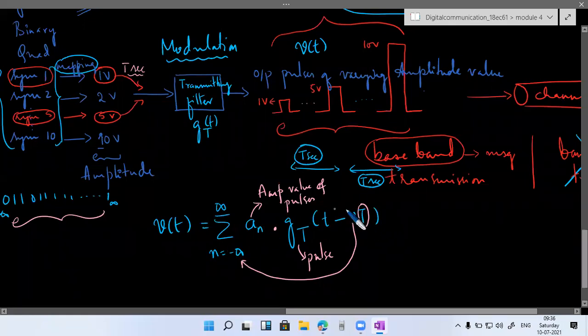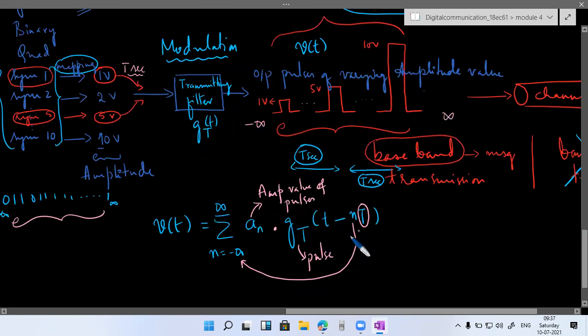Here, because we are trying to generalize, we have used a general equation where V of T is equal to a summation where n starts from negative infinity to positive infinity. So it's not a finite train of pulses. This train of pulses starts somewhere at negative infinity and ends at positive infinity.